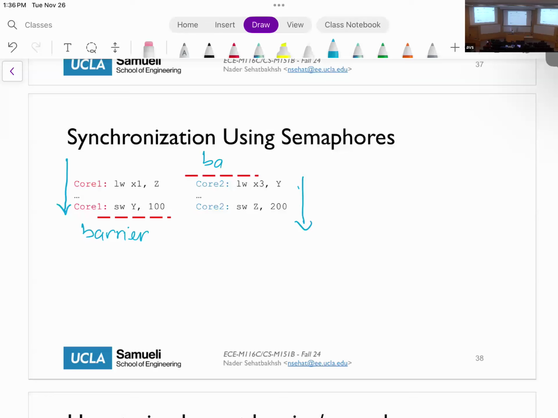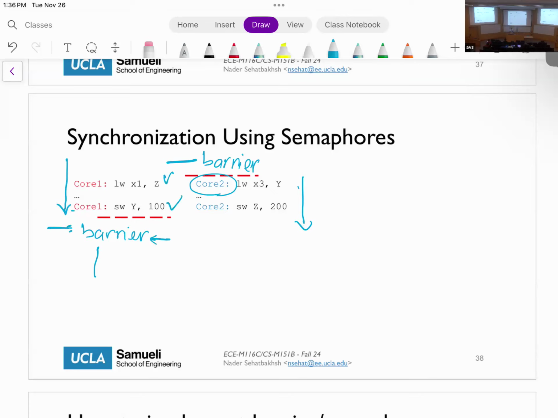And what this barrier does, it basically says that I only move forward until both of these programs reach their respective barriers. Okay? What this means is that I cannot run this program until this core reaches the barrier, which means that at this point it's guaranteed that these two guys are finished.